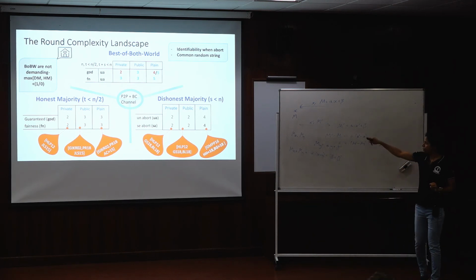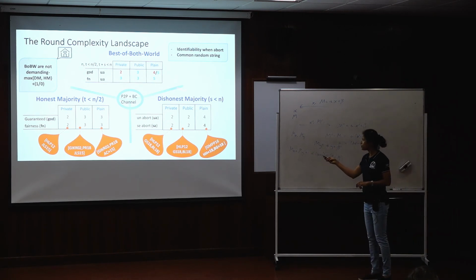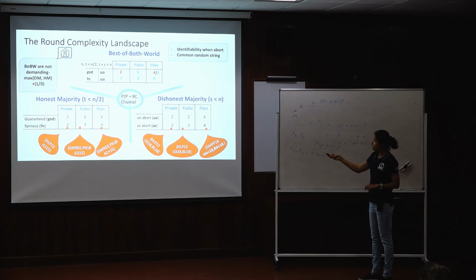If you look at the round complexity tables, you will see that the round complexity requirement of the best of both worlds category is not too demanding. For instance, if you look at this row right over here, this is guaranteed output delivery in the honest majority and unanimous abort in the dishonest majority. That's the kind of protocol that we were talking about here, and this is a slight relaxation.